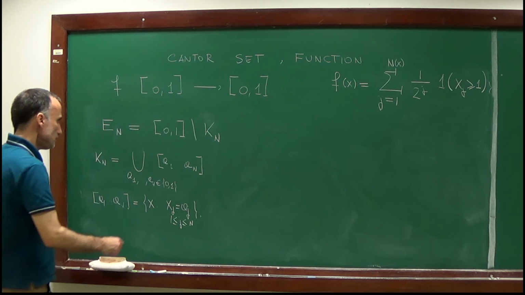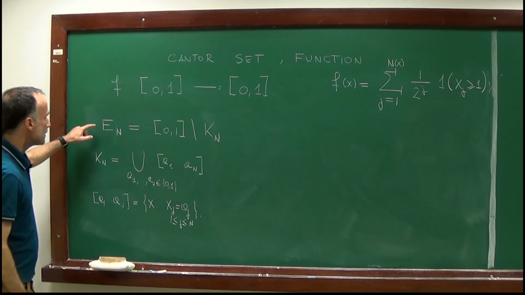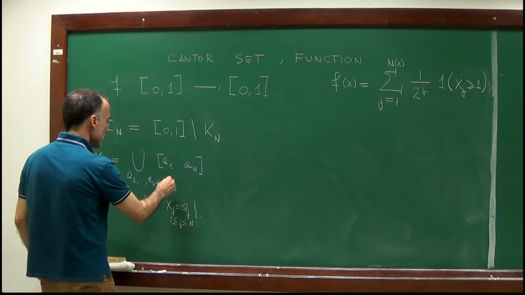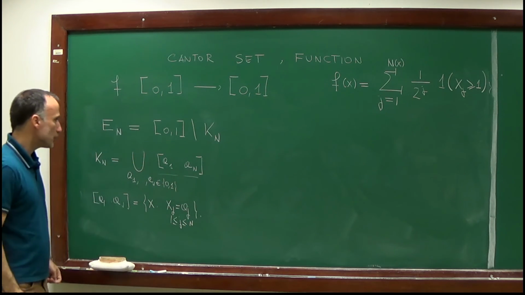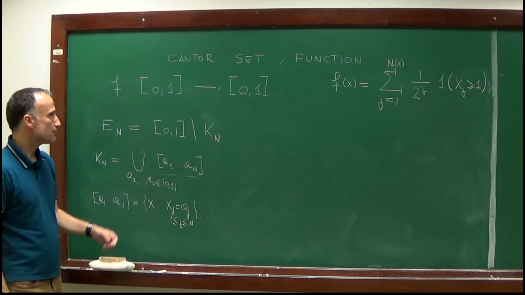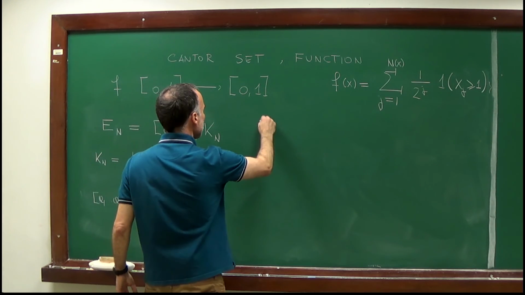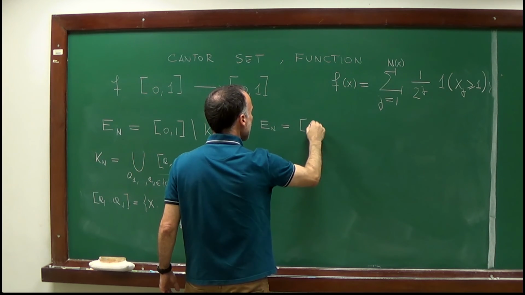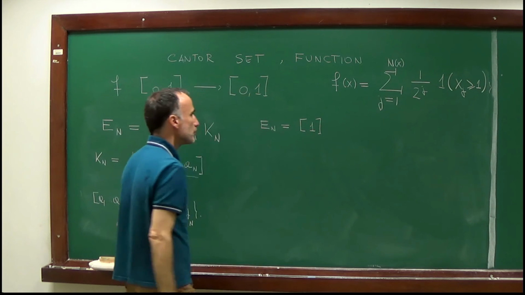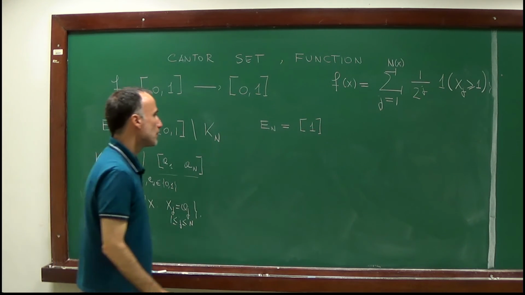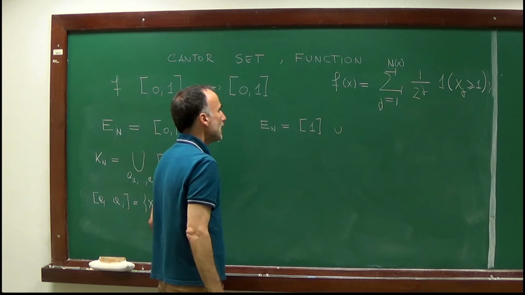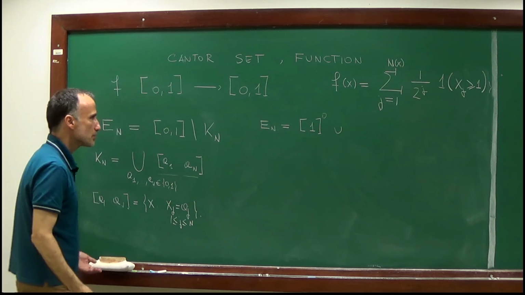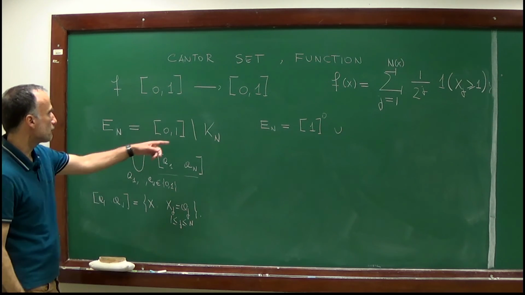So what is the set E_n? Well, the set E_n is formed by all the points at which a 1 appears. So E_n will be, well, either you have a digit 1 in the first place, and, well, these are closed intervals, so let me take the open intervals, because this was the definition of my E_n.